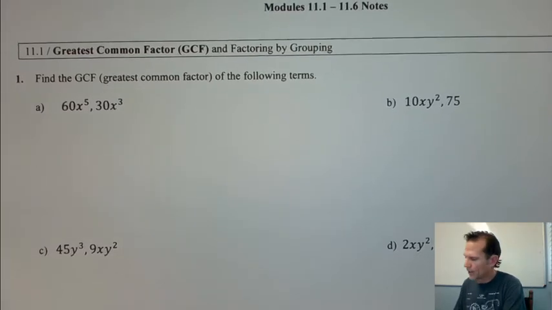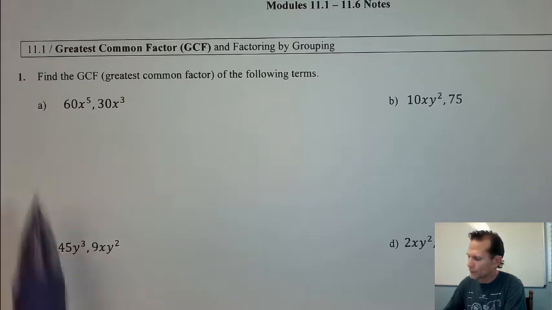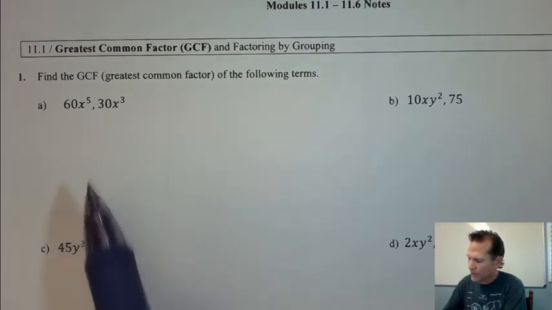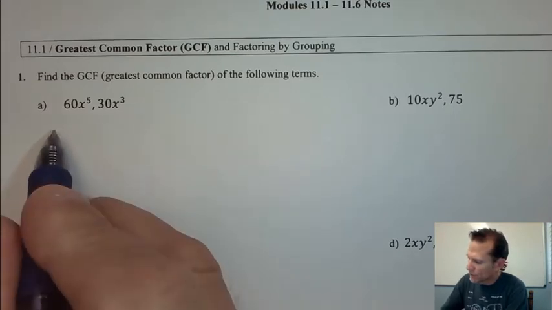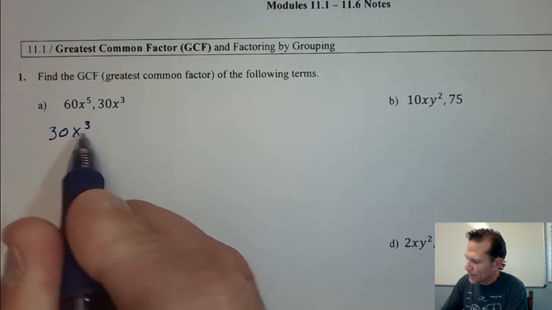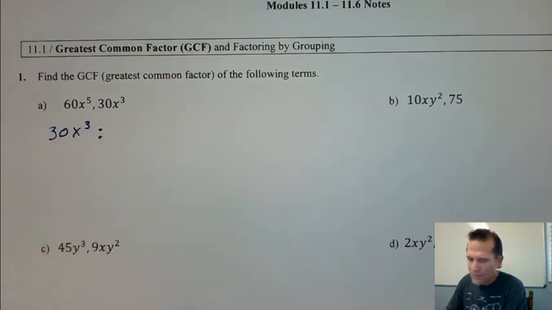In number 1A here, we have two terms, and we're going to find the greatest common factor. Now, one method for doing this, if you're just getting started, is to write out the terms and then write all the factors, or factor the term.